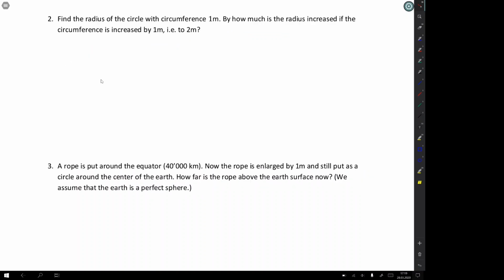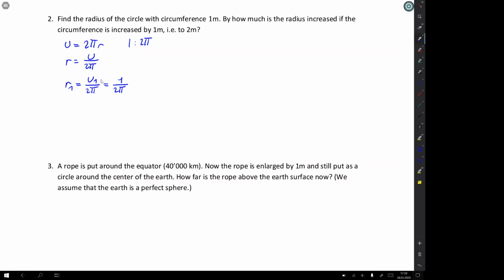In example 2, we want to find the radius of a circle with circumference 1 meter, and then the question is by how much this radius is increased if the circumference is increased by 1 meter, so if the new circumference is 2 meters. We start with the formula for the circumference of a circle and solve it for r by dividing it by 2 pi. And we get r is equal to u divided by 2 pi.